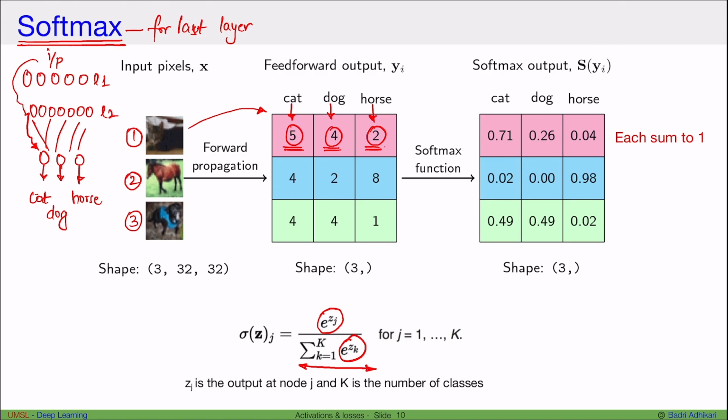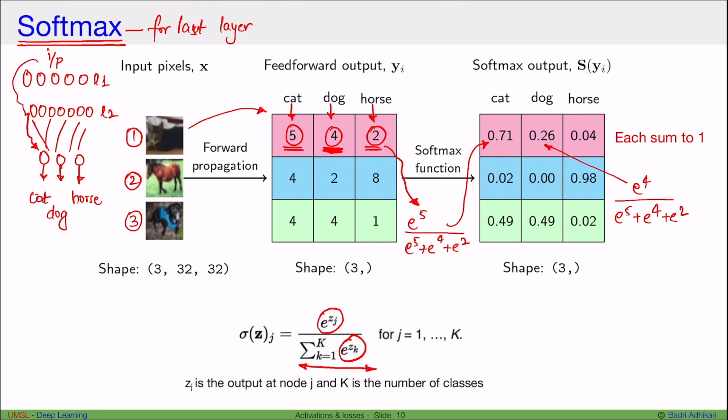For example, in this case my output will be e to the power 5 divided by e to the power 5 plus e to the power 4 plus e to the power 2. So this gives me the probability that it is a cat. Similarly, if I wanted the probability for dog, since the output for the dog is 4, I would do e to the power 4 divided by e to the power 5 plus e to the power 4 plus e to the power 2. So this gives me the probability that the picture is that of a dog.